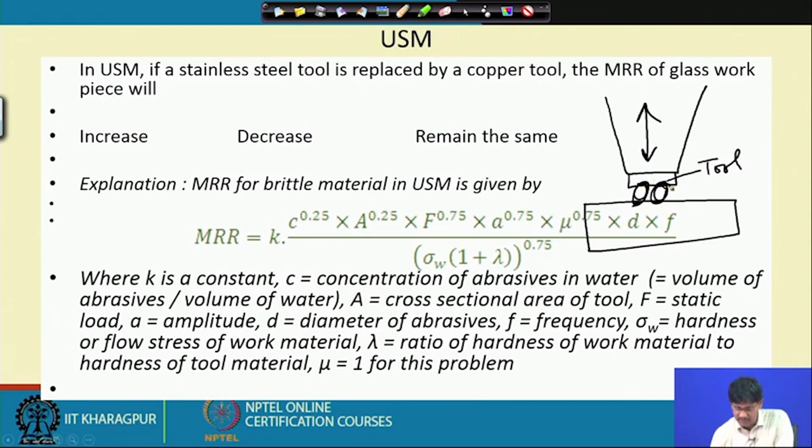Now, if the tool becomes softer, these indentations will be higher on the tool side and the workpiece will be getting a relief. On their side, the indentations won't be much, because most of the hammering action will be absorbed by larger indentations of the tool if it is a softer copper tool, and therefore material removal rate will definitely decrease.